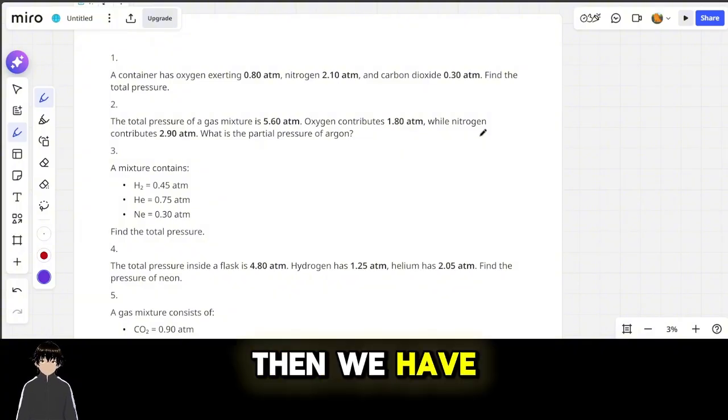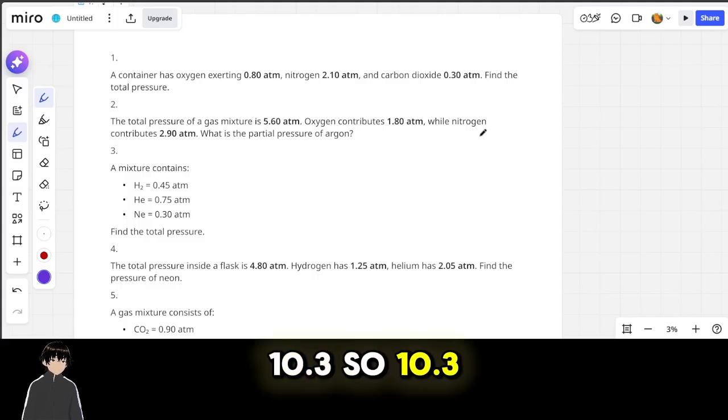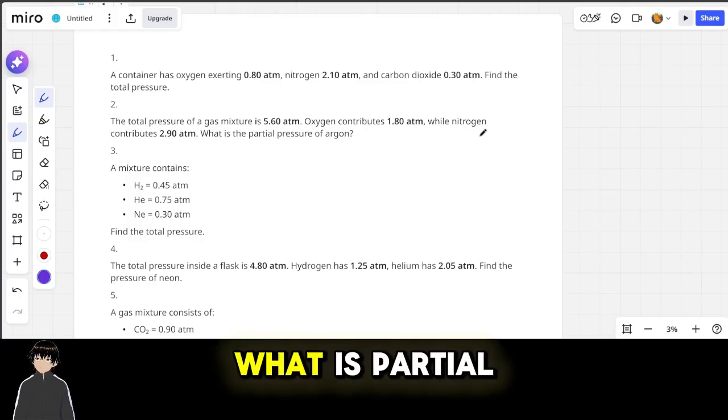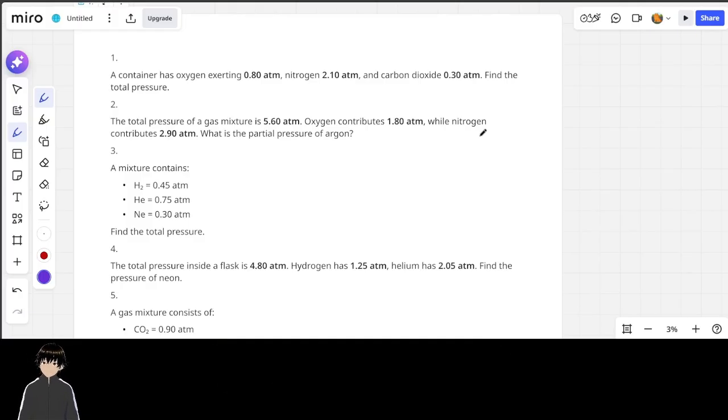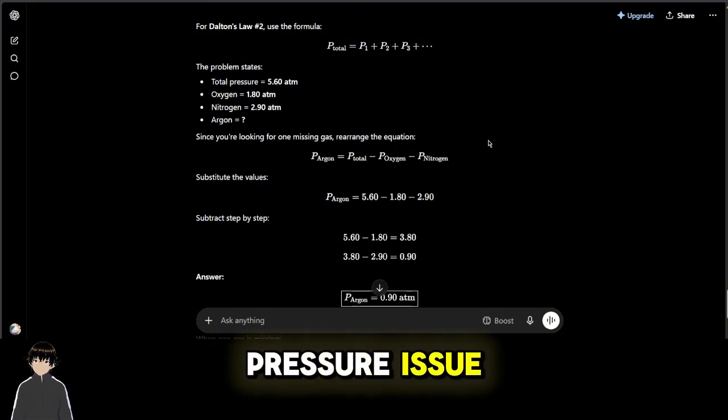Then we have 10.3. So 10.3 minus there's a partial pressure of these.